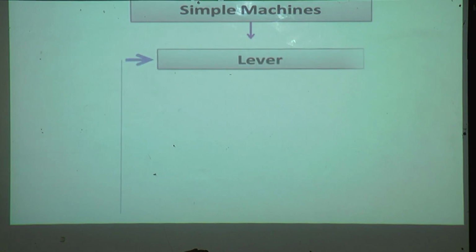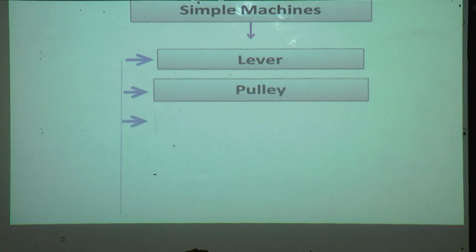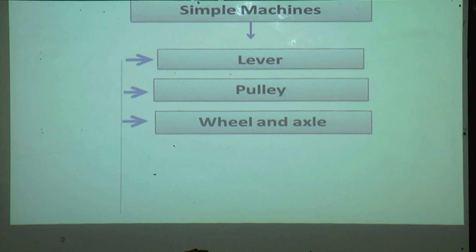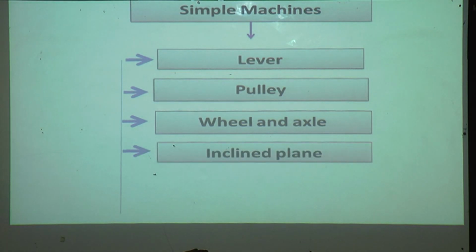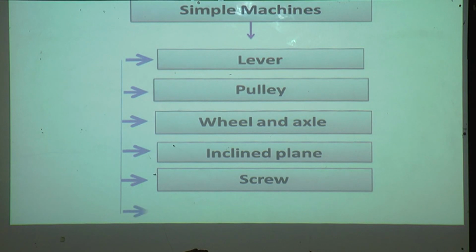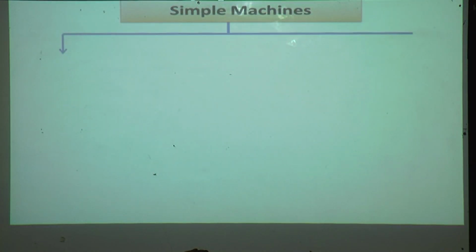Those are lever, pulley, wheel and axle, inclined plane, screw and wedge. These are some simple machines. We will see in detail.